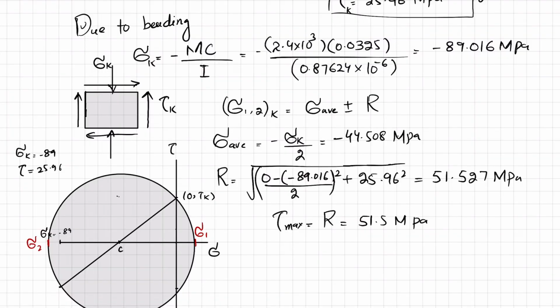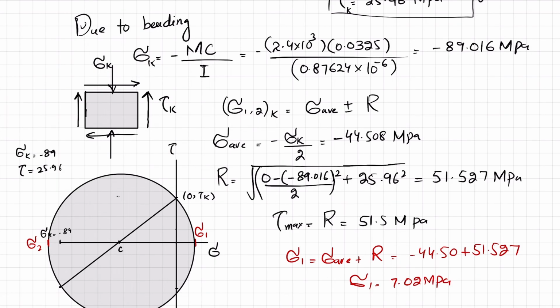We haven't calculated sigma 1. So sigma 1 is equal to sigma average plus R. Sigma average is minus 44.50 and R is 51.527. So sigma 1 will be equal to 7.02 megapascal.